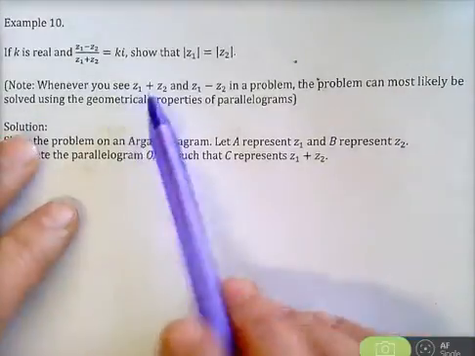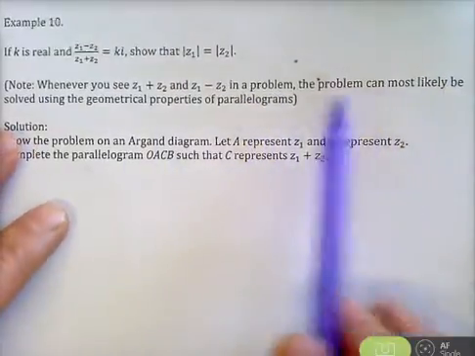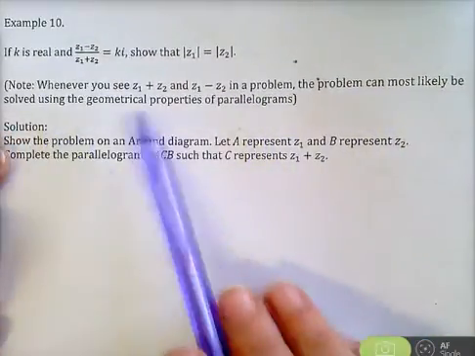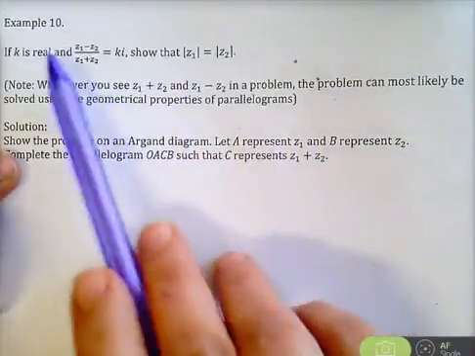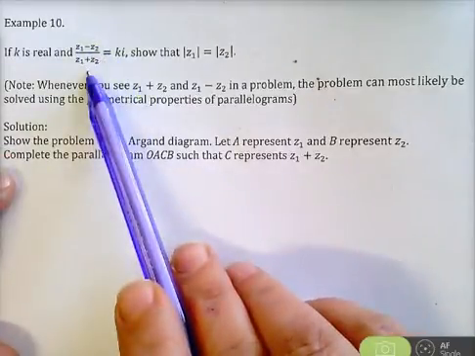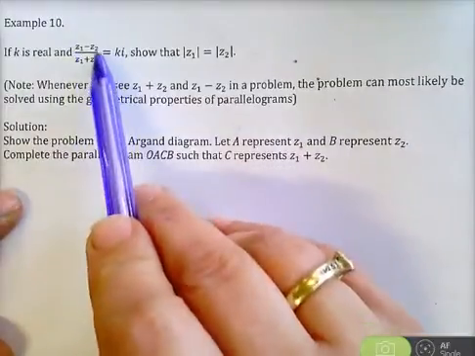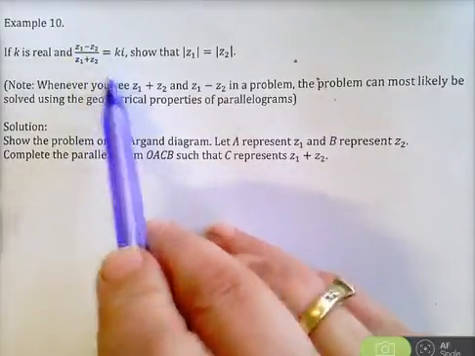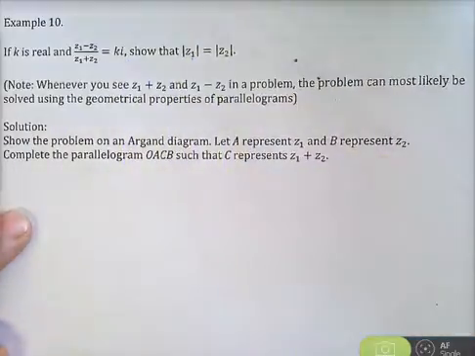So whenever you see Z1 plus Z2 and Z1 minus Z2 in a problem, the problem can most likely be solved using the geometrical properties of parallelograms, okay? So if K is real, this is basically saying that the length of the shorter diagonal divided by the length of the longer one equals a constant times i, show that modulus of Z1 equals modulus of Z2.